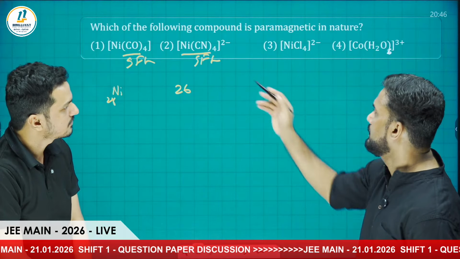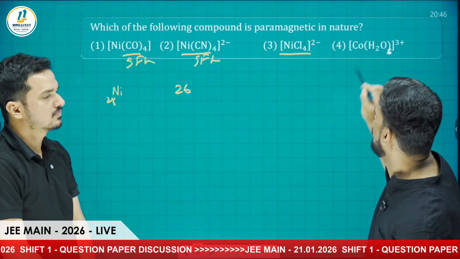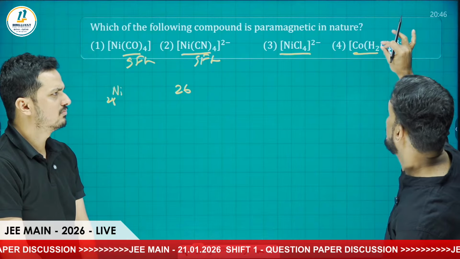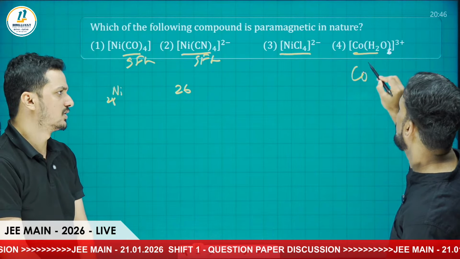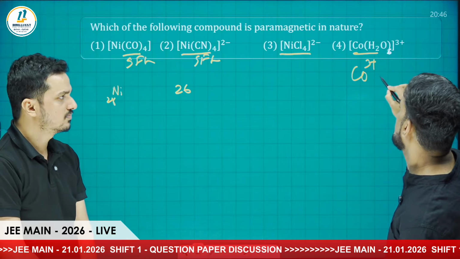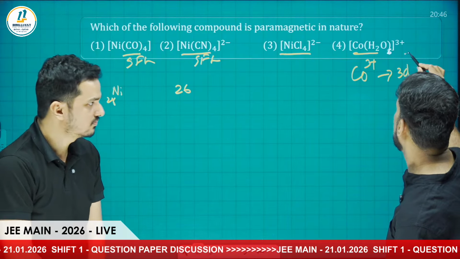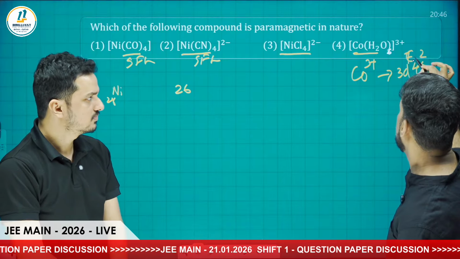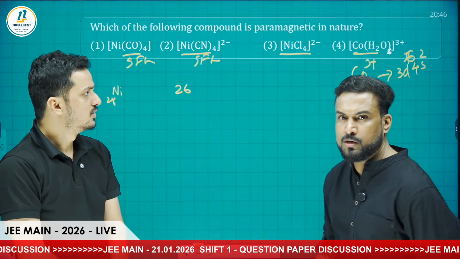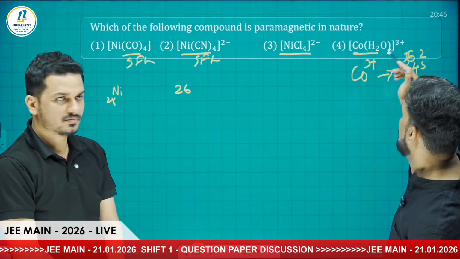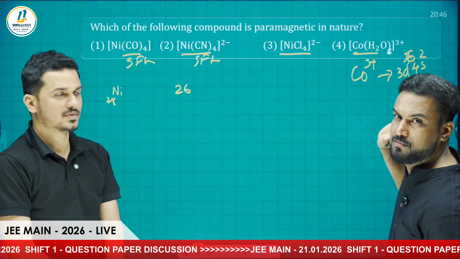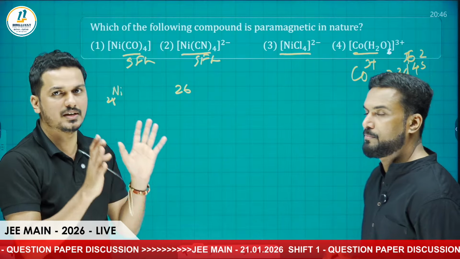But anyway, see this one, NiCl4 and this one, Co with H2O. Keep in mind that will be Co3+. Cobalt is 3d7 4s2 normally. Then we have to remove 3 electrons, so it will be 3d6. Here we are expecting sp3d2 or d2sp3 hybridization.